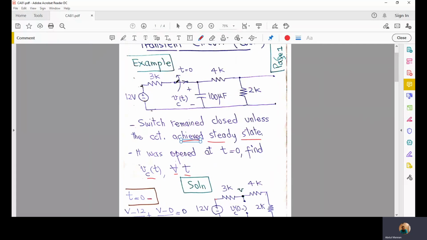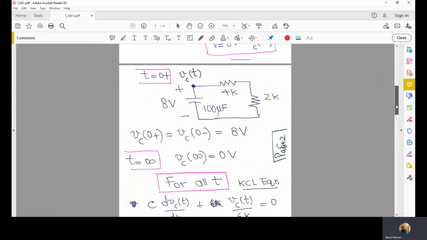As soon as we open this switch, this 12-volt source and this 3K resistor come out of the circuit, and now we have only this capacitor and the 4K and 2K elements in the circuit. These two elements are taken out of the circuit because there is an open circuit at this place. So this is the circuit we are left with after we have opened the switch.